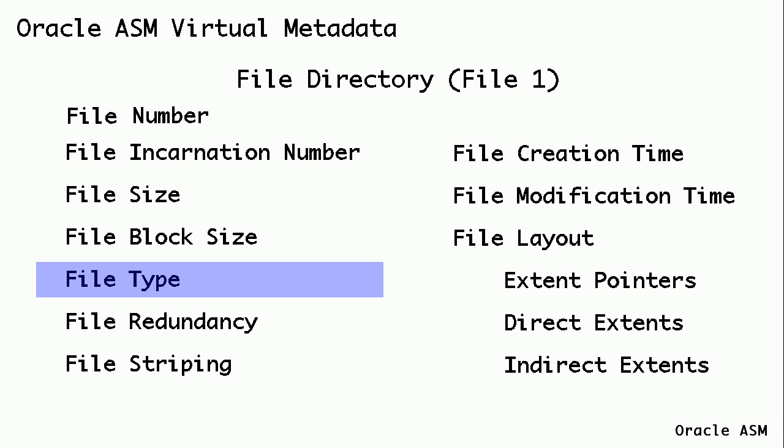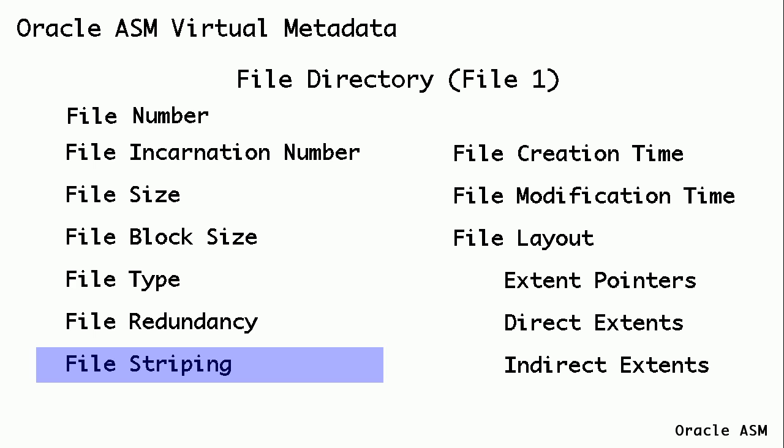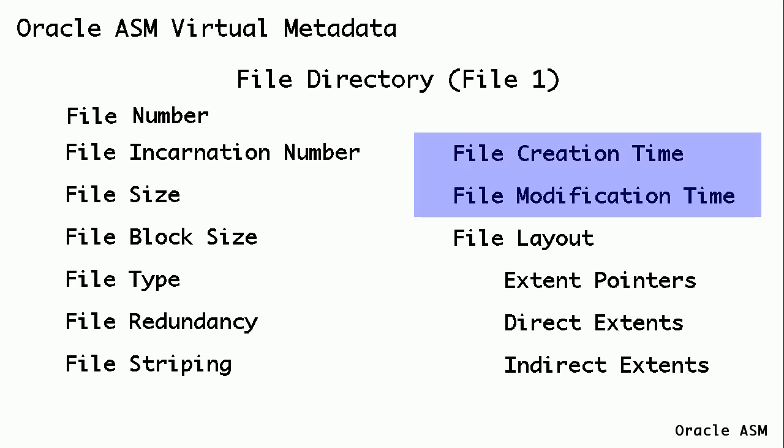Typical ASM file types are data file, online redo log file, control file, backup set, etc. File redundancy can be high redundancy, normal redundancy, or no redundancy. Even though redundancy is defined at the disk group level, each file can have its own setting for file redundancy. File striping can be coarse-grained striping or fine-grained striping. The directory also holds file creation time and file modification time.